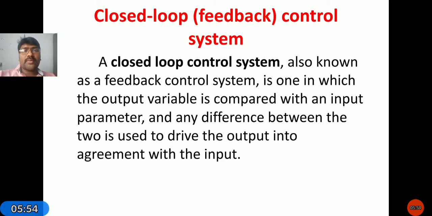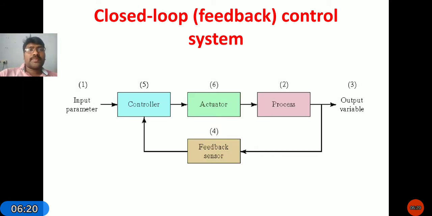Whatever parameters we give, we need to compare whether we achieved them or not, otherwise we lose production rate and time and waste material. So we need to compare the output parameters to the input parameters with the help of the closed loop control system.